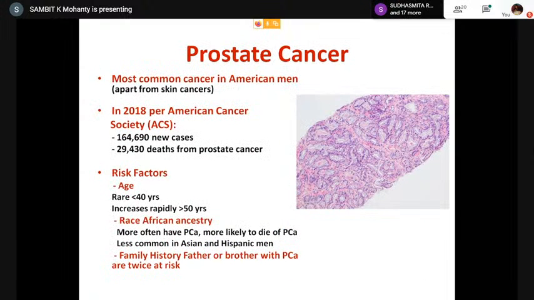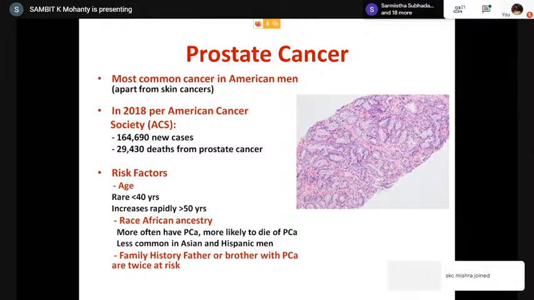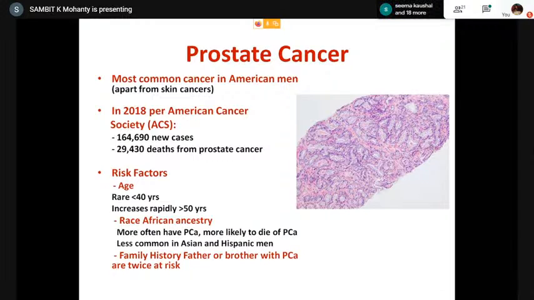Prostate cancer is the most common cancer among American men, following next to skin cancer. For 2018 and 2019 statistics, there are about 164,000 new cases and about 30,000 deaths from prostate cancer. Among the various risk factors, it is rare below 40 years, but it can be possible.